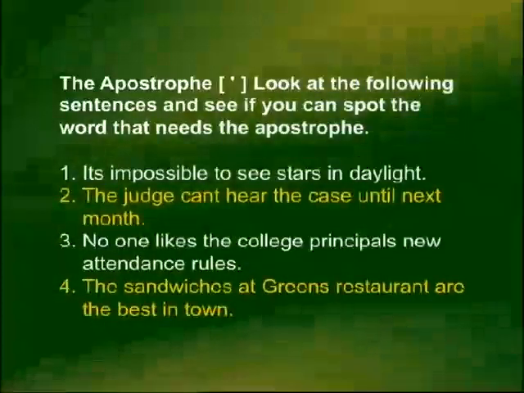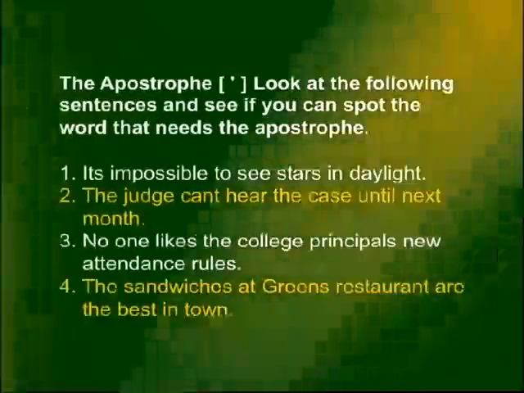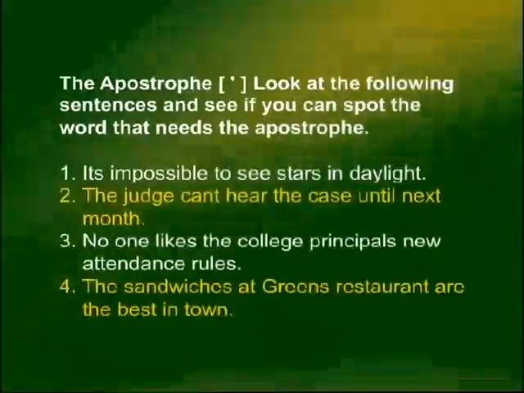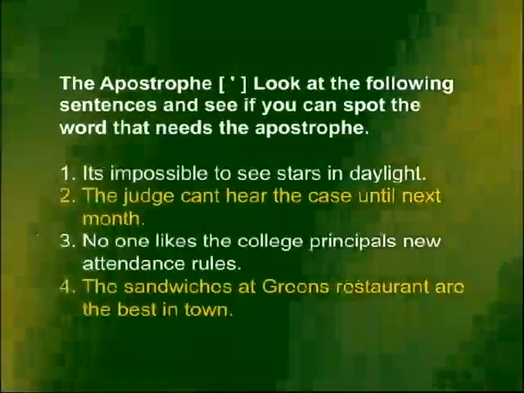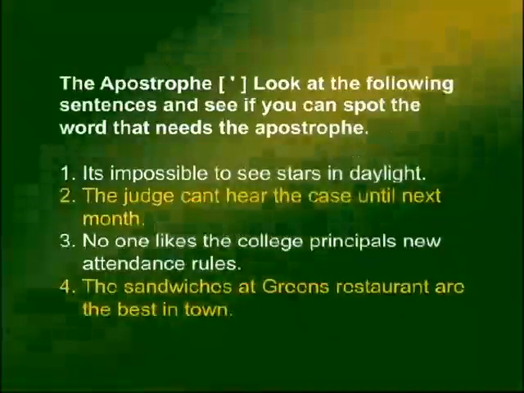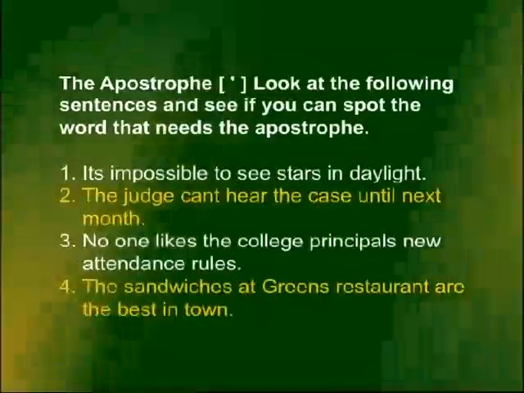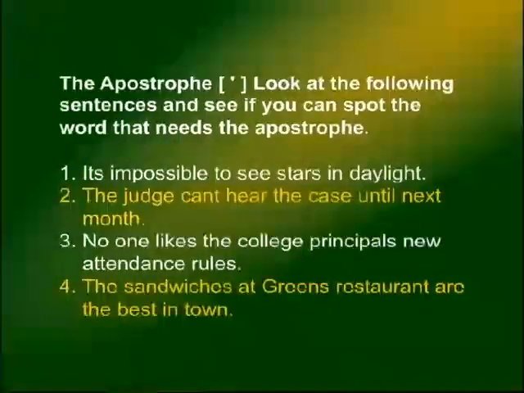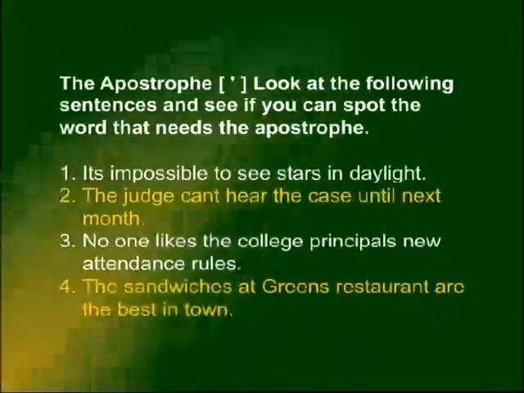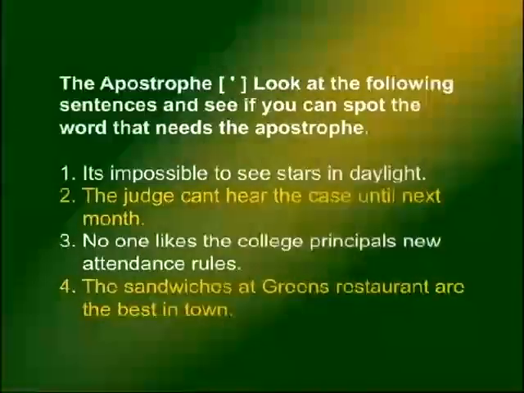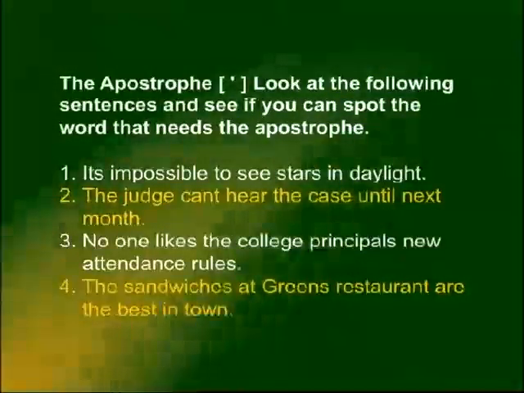And over there, the word likes does not take an apostrophe because it is not showing possession. The apostrophe after principal shows possession. Whose rules? The principal's new rules, but not the word likes. Why? Because likes is a verb. It is not showing possession.